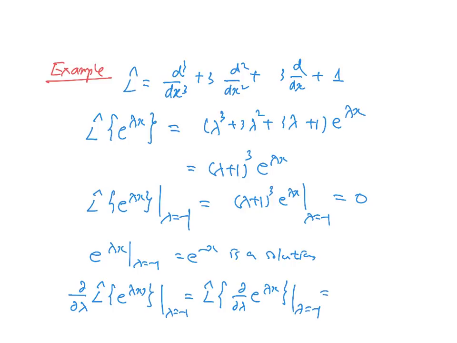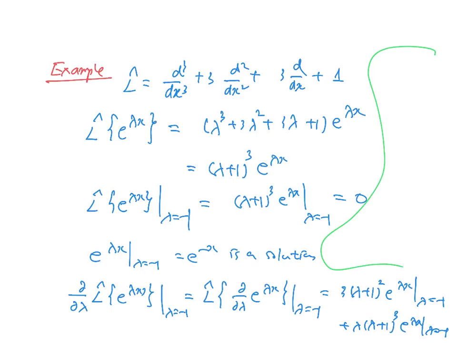Both sides are 3 times lambda plus 1 squared exponential lambda x plus lambda plus 1 cubed x exponential lambda x, and at lambda equal to minus 1 they are 0, right?